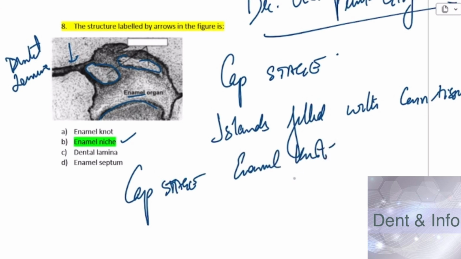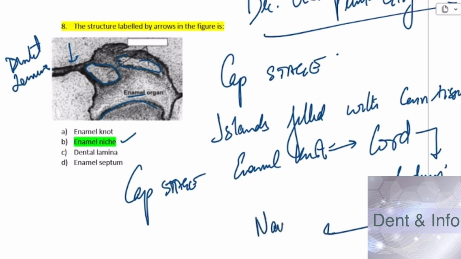It begins with the knot. When the knot elongates further, it becomes a cord. When it gets attached onto the outer enamel epithelium, it becomes the septum. The point where it is getting attached at the outer enamel epithelium is called the enamel navel. There is a depression there.